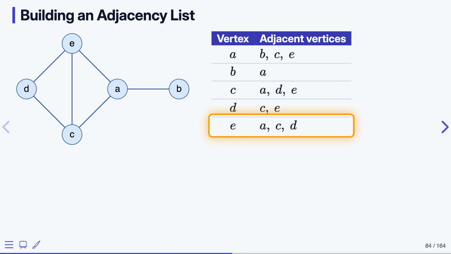Each edge shows up twice in the whole list, once from each end. Count the names. 3 plus 1 plus 3 plus 2 plus 3 is 12, and the graph has 6 edges. 12 is 2 times 6, exactly as the handshaking theorem promised.